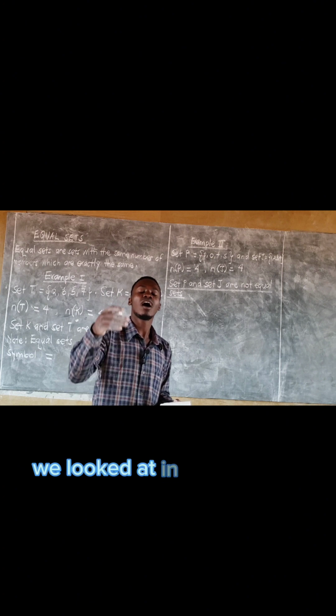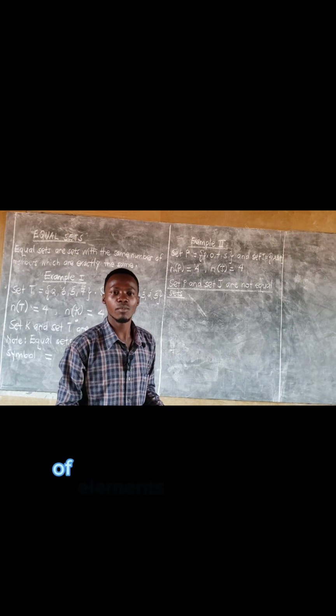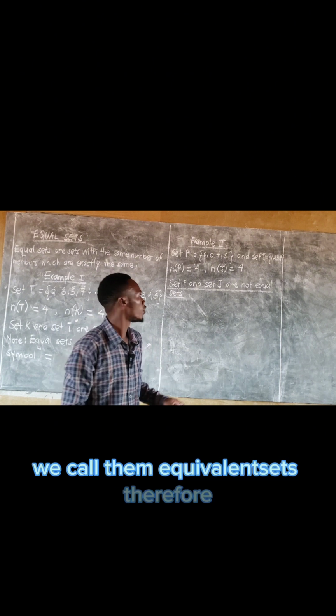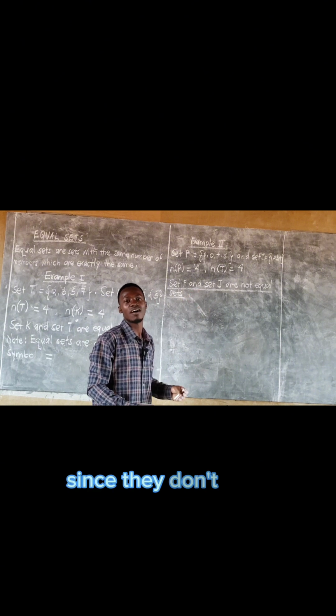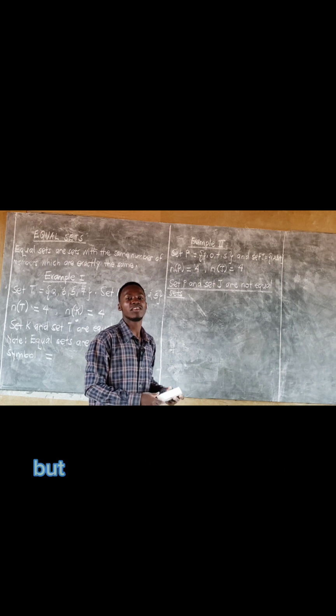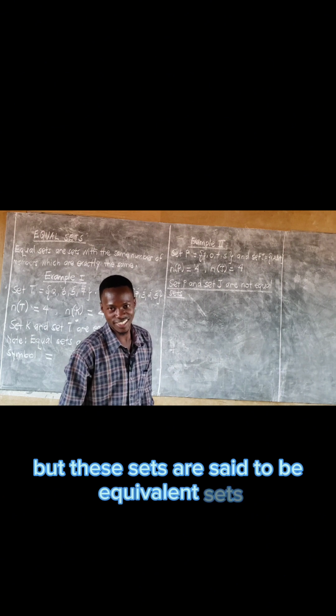In our previous lesson, we looked at sets which have the same number of elements, and we call them equivalent sets. Therefore, these sets are not equal since the elements are not exactly the same, however much they have the same number. But these sets are said to be equivalent sets.